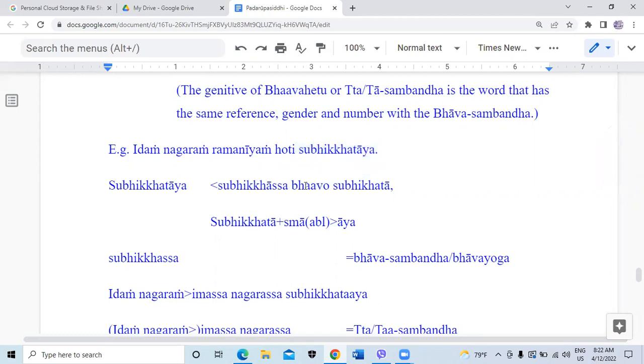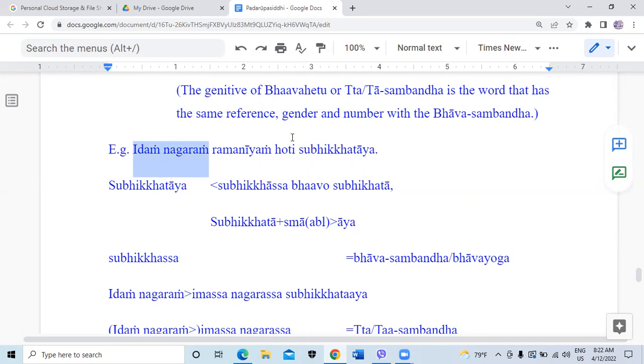So here Subhika is called, in this case, bhava sambandha. If so, what is the genitive and sambandha of Subhikataya? It is Idanakaran, because in this sentence we can say Idanakaran is the subject with reference to Hoti. Hoti is at the voice.